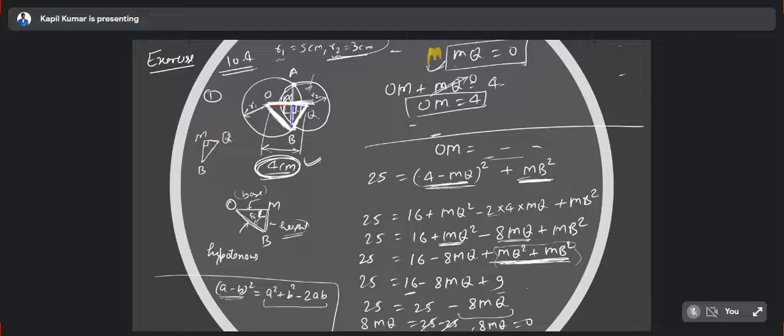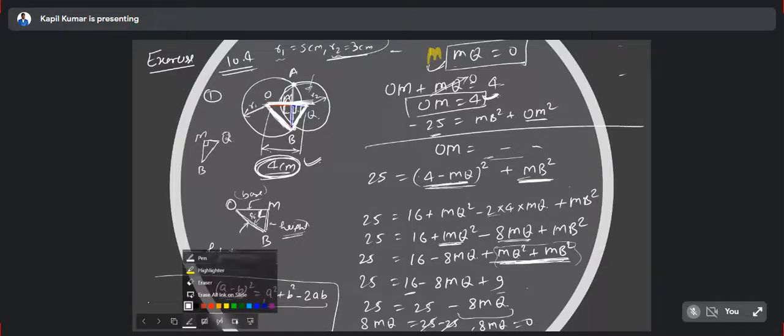OM is equal to 4. Now in equation number 1, if you recall, it was 25 is equal to MB square plus OM square. If in place of this OM we put 4, then we can calculate the value of MB.